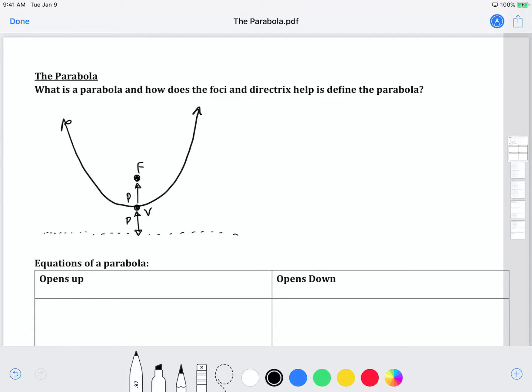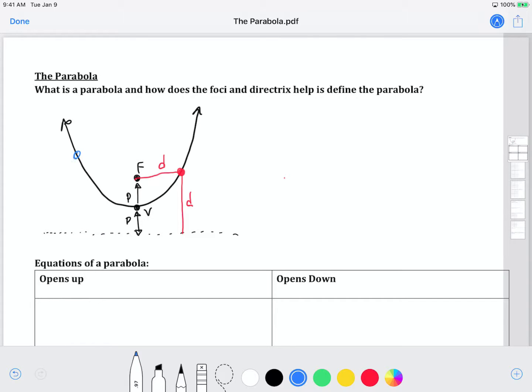Now the directrix and the focus point help us determine the points on the parabola, because if I randomly pick a point on the parabola, and from that point I draw a line to the focus, and I draw a line down to the directrix, this distance and that distance will be the same.